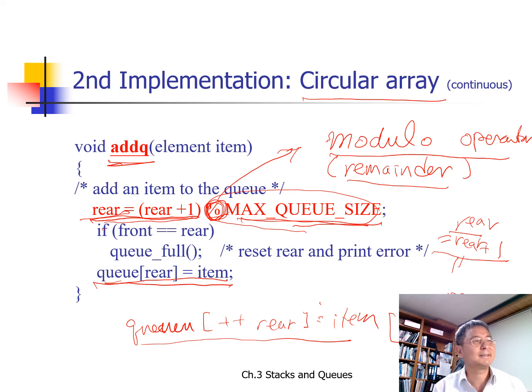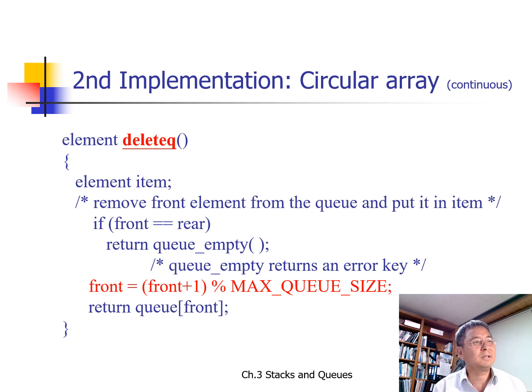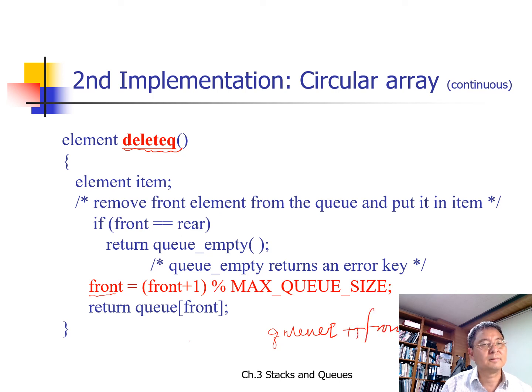Okay, and how about delete queue? Delete queue is also very similar to the first implementation, because in the first implementation, it was queue[++front].